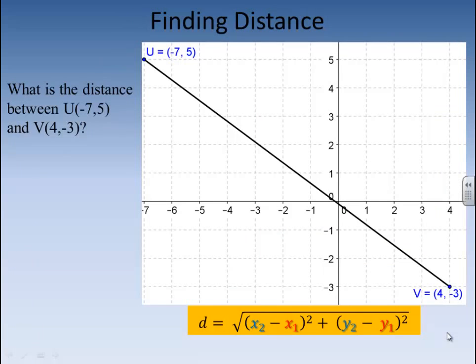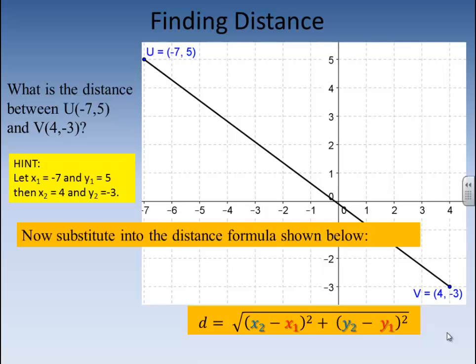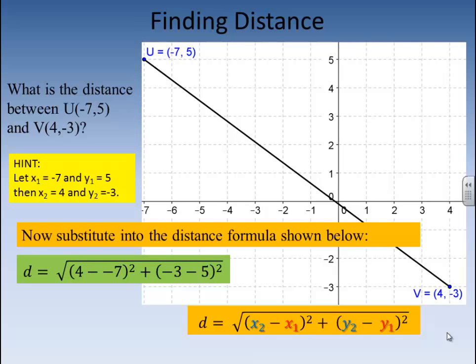Now, example. The point U is at -7, 5, and the point V is at 4, -3. What is the distance? There's the formula. Here's what we're going to do, and do a substitution. Okay.